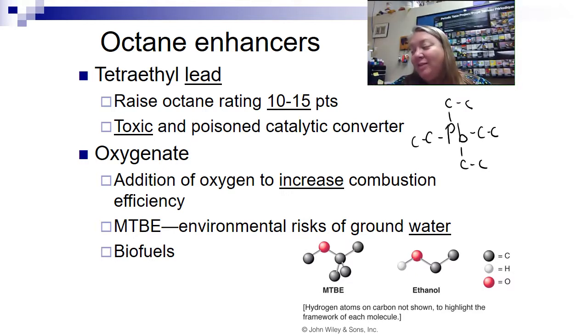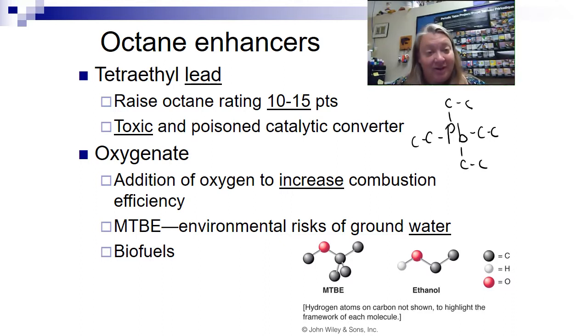It would help raise the octane number by 10 to 15 points. But like I said, the leaded fuel would poison the catalytic converter. And they said it could poison it in less than, I'm trying to find it in my notes here, as little as 2 tanks of fuel. It would completely destroy the activity of the catalytic converter.